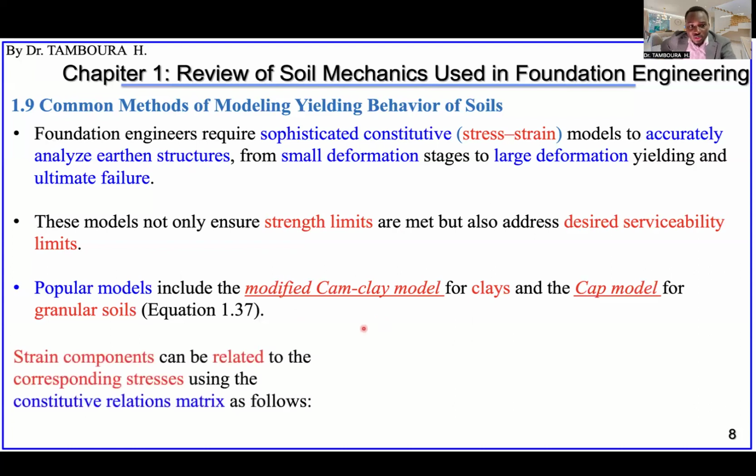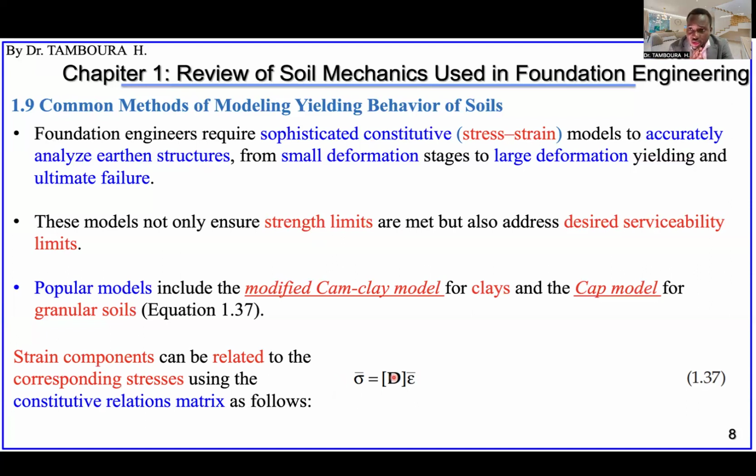Anyway, strain components can be related to the corresponding stress. We have talked about this before. Using the constitutive relation matrix, this equation, we have seen it in the previous video. Please check. So you have stress here and strain here. This constitutive relation matrix is what makes the difference between the models.